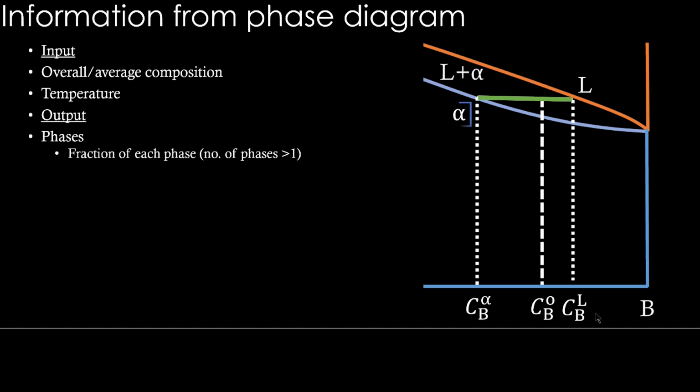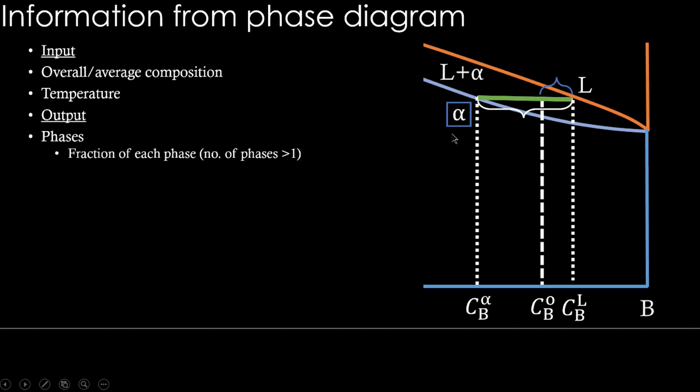Now if you want to know what is the fraction of alpha phase, what you have to do is measure this length of tie line, then measure the entire length of tie line. So if you want to know alpha phase fraction, you have to see what is the opposite piece of the tie line. So this piece, length of that piece divided by the overall length of the entire tie line. That's what will be the fraction of alpha phase.